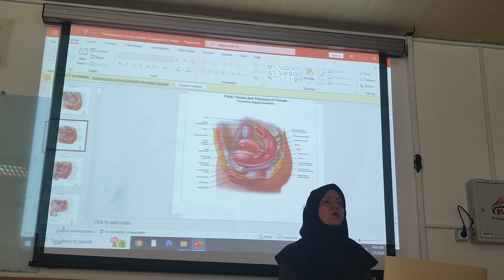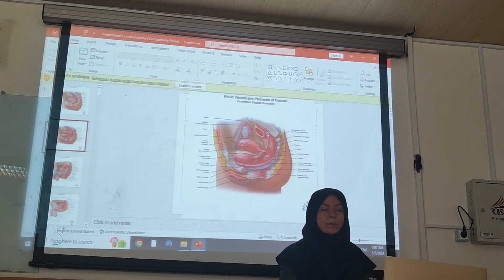In your exam, we are going to ask you such as this. I'm not going to ask you what is the name of here or what is this. You know. Now look at the reflection of the peritoneum. The peritoneum is coming inside of the pelvic cavity. It is going to cover the anterior surface of the rectum.